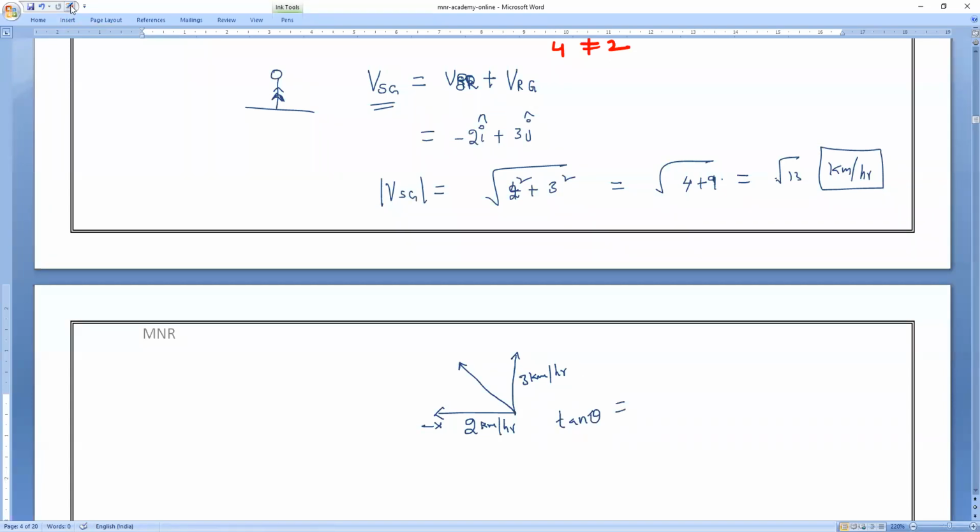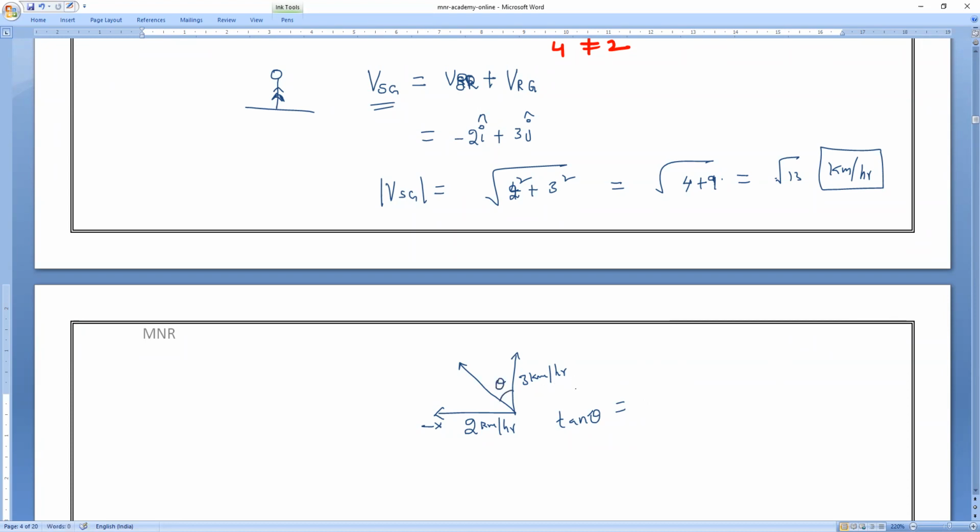So let me see that. What is tan theta equal to? Tan theta is equal to 3 by 2. Please respond. Tan theta is equal to how much? 2 by 3 or 3 by 2?